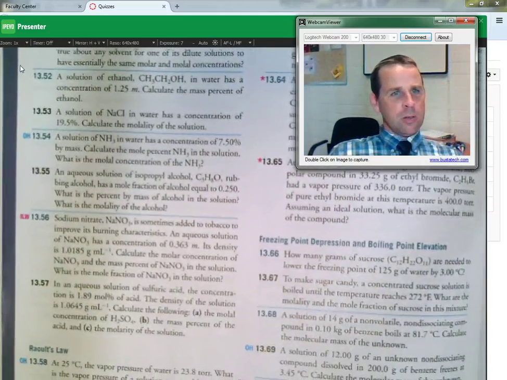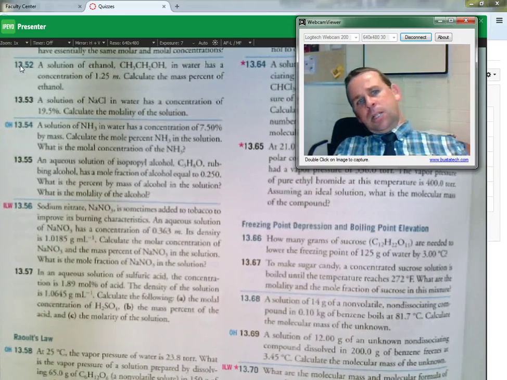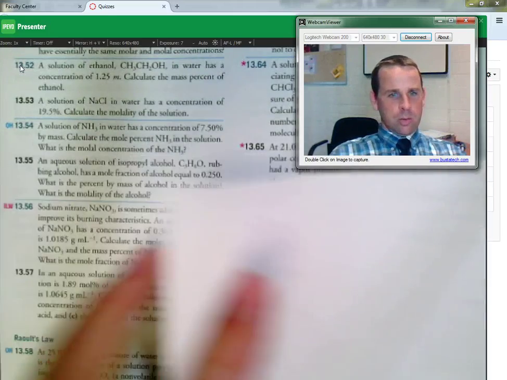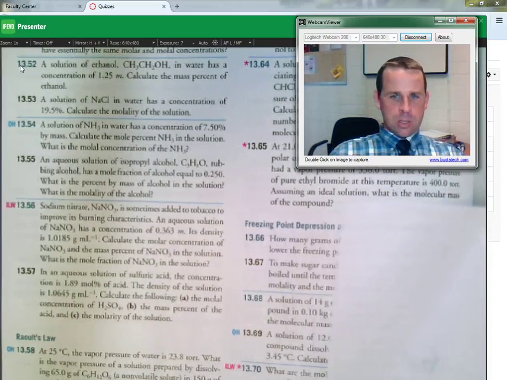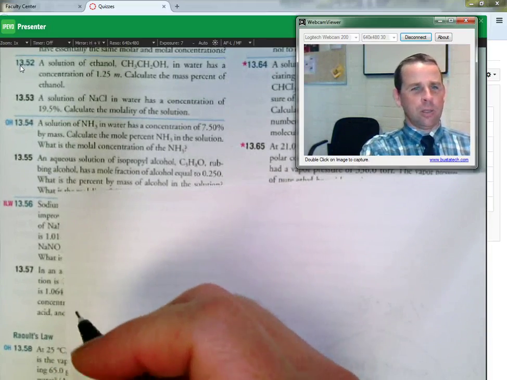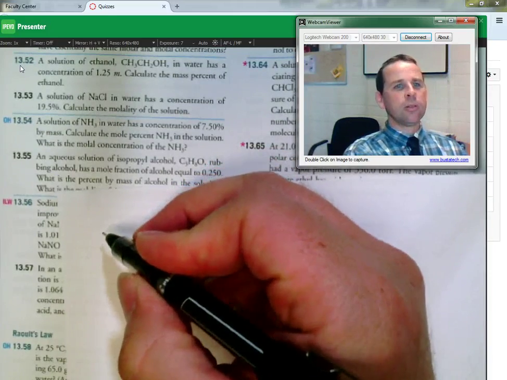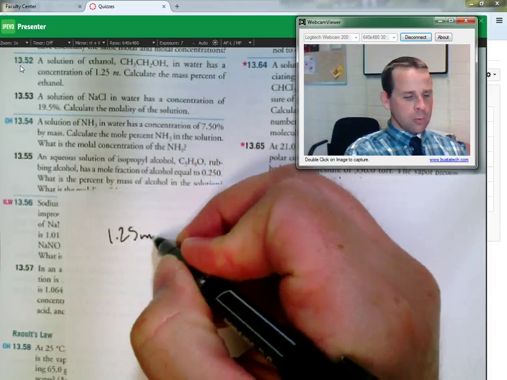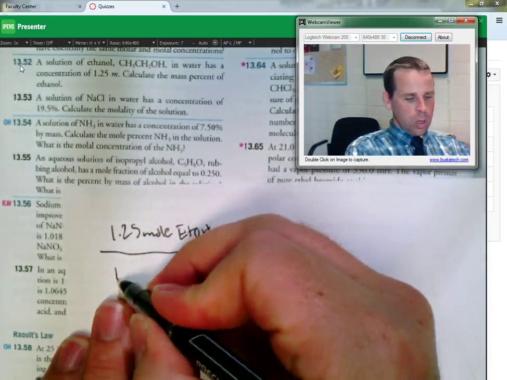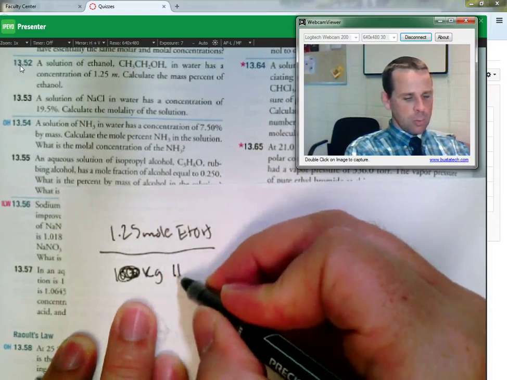Okay, so now we're working on 1352. A solution of ethanol in water has a concentration of 1.25 molal, and we want the mass percent. Okay, so the way we can do that is we know we have 1.25 moles of ethanol for every kilogram of water.